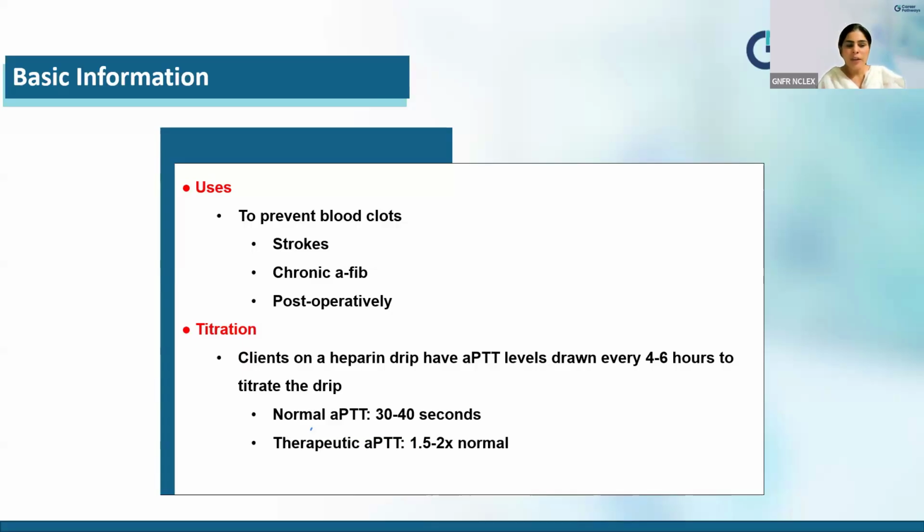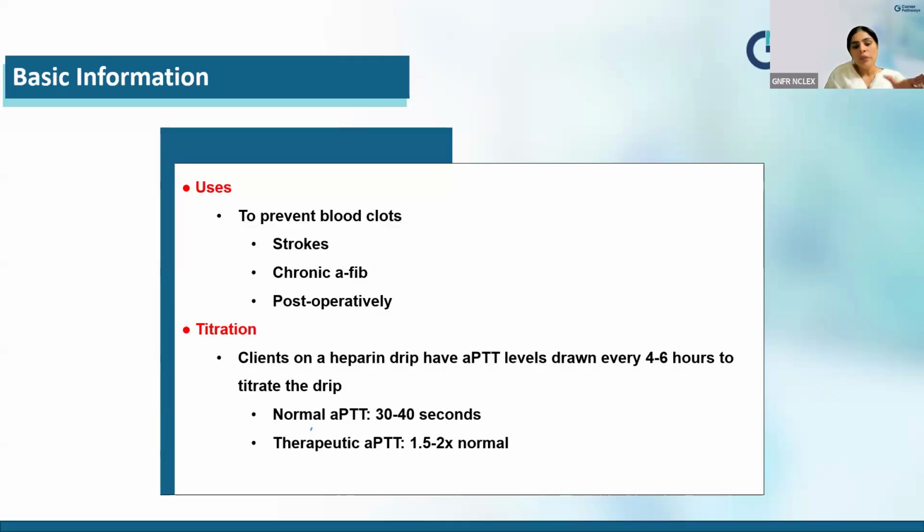In stroke and in atrial fibrillation, the clot formation is inside the body, not from an outside injury, right?